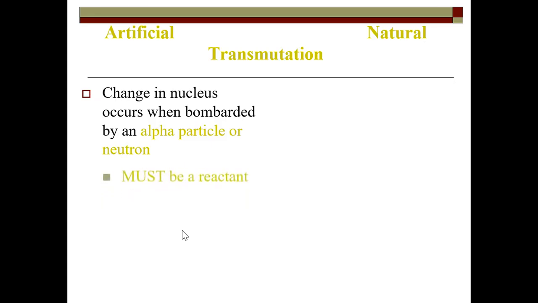So you're going to have some other sort of reactant there besides the original particle. For instance, if I shoot an alpha particle at nitrogen-14, it is going to become oxygen-17 and it's going to kick out a proton. That is essentially having the alpha particle, 4-2, come in and change the makeup of the nitrogen to make it oxygen.